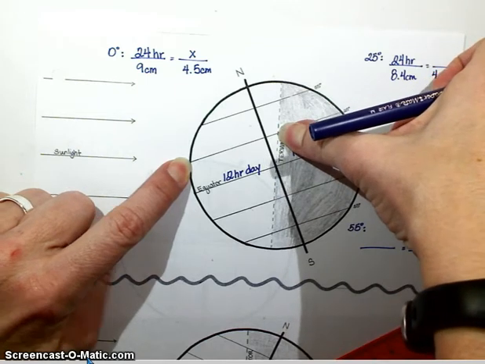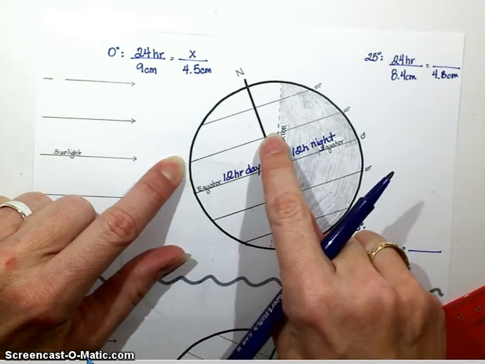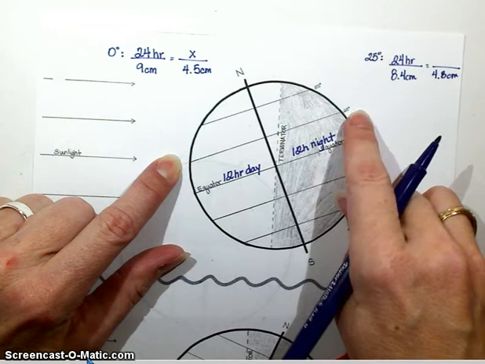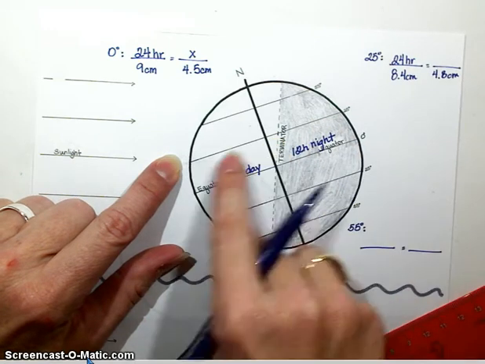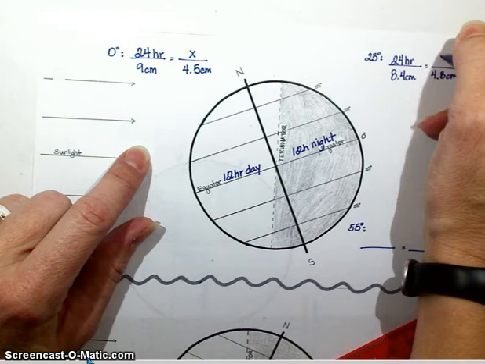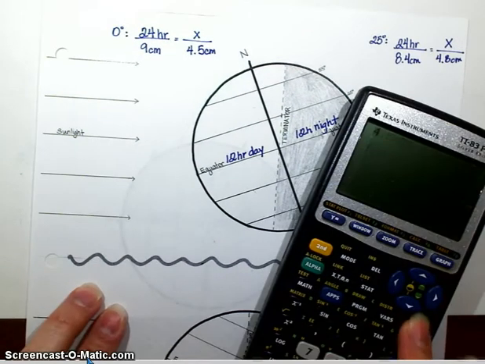Okay, guys, you should see already that at 25 degrees the day is going to be more than the night, right? Yes, because a bigger portion of that latitude is on the daytime side of the terminator. But again, you do your cross multiplication. We're going to say 24 times 4.8, divide that by 8.4.